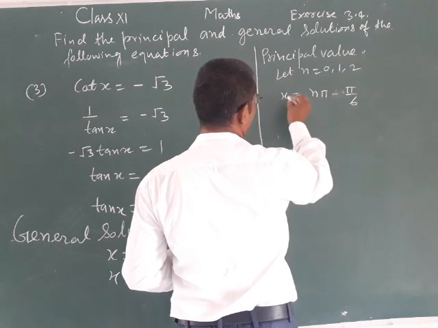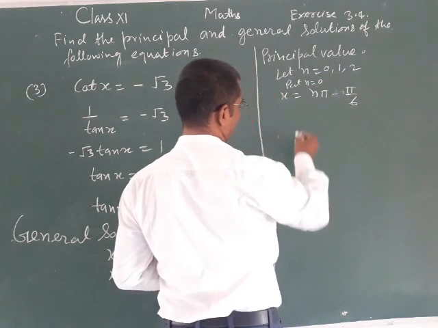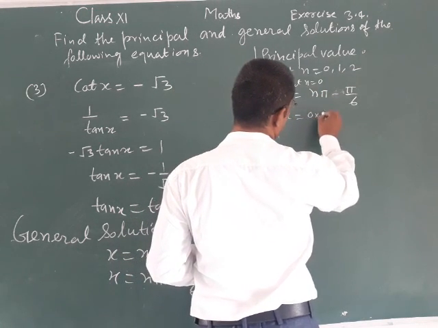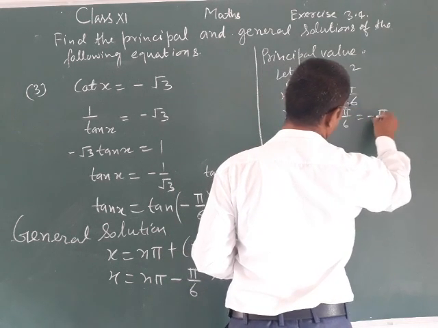Now put n equal to 0, so x is equal to 0 into pi minus pi by 6, so minus pi by 6.